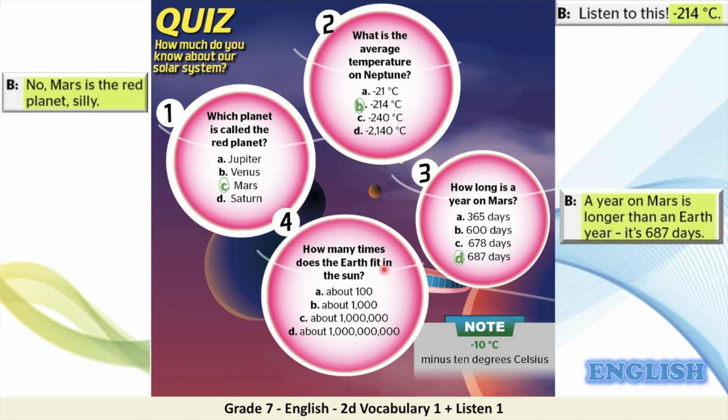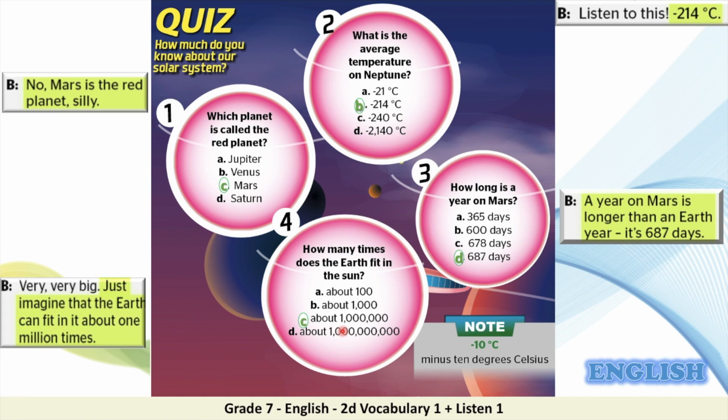Finally, how many times does the Earth fit in the Sun? Great. About 1 million. How did you know this? Very, very big. Just imagine that the Earth can fit in it about 1 million times.